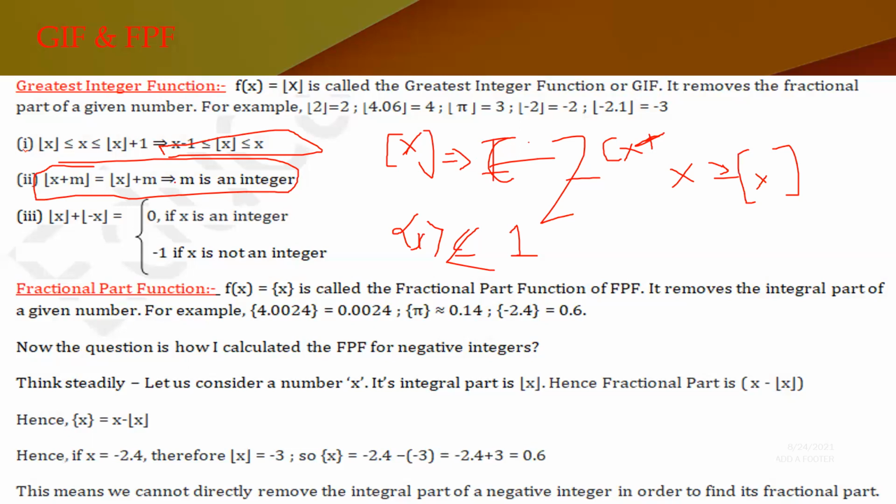So GIF of x plus 1 is GIF of x plus 1, and then you can do it by induction. GIF of x plus 1 is equal to GIF of x plus 1 is very obvious to see.